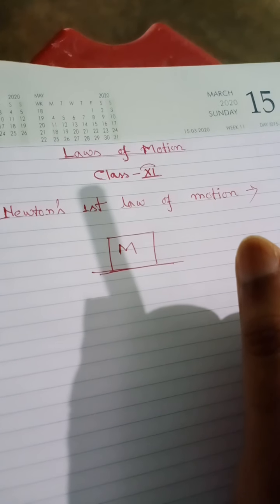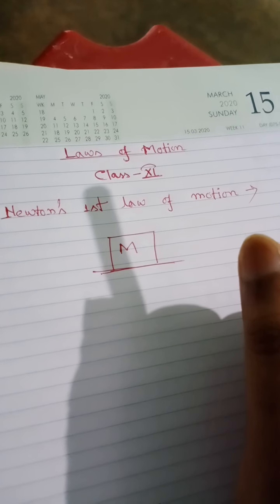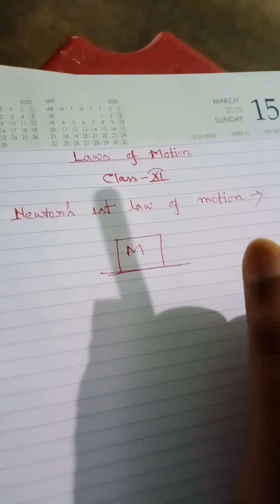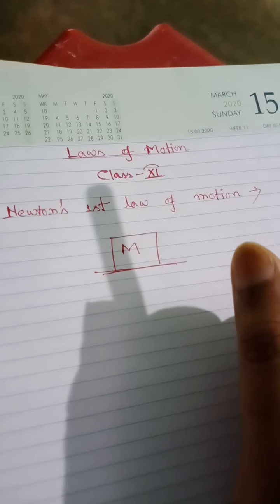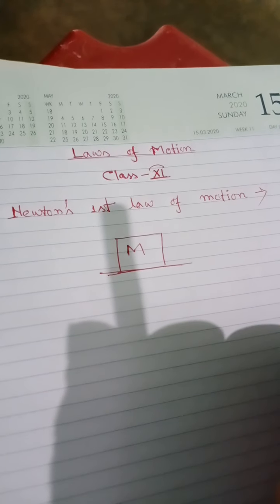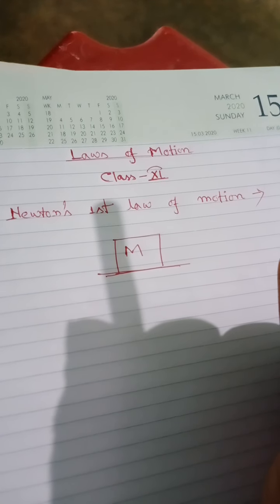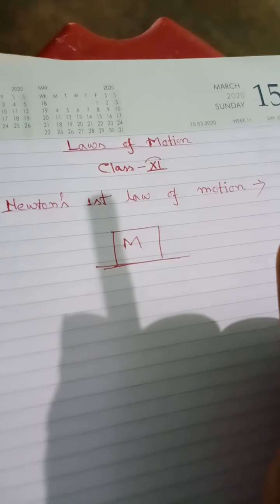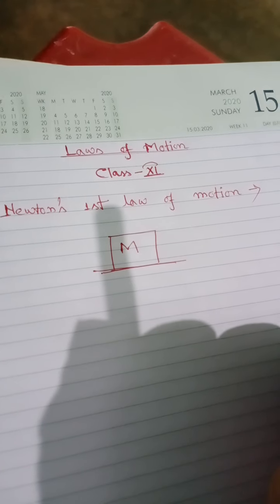So the cricket ball will move with a particular speed, and after a short time it will come into rest. Why? Because when the ball was moving on the ground surface, the frictional force is acting at the surface of contact between the ball and the ground surface. So this frictional force is the external force which opposes the motion.